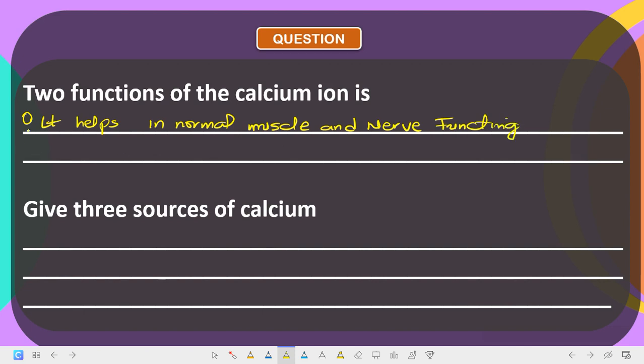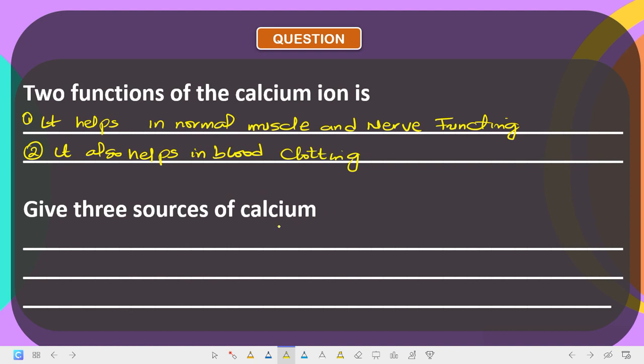And two, it also helps in blood clotting. Okay? Now give three sources of calcium ion.